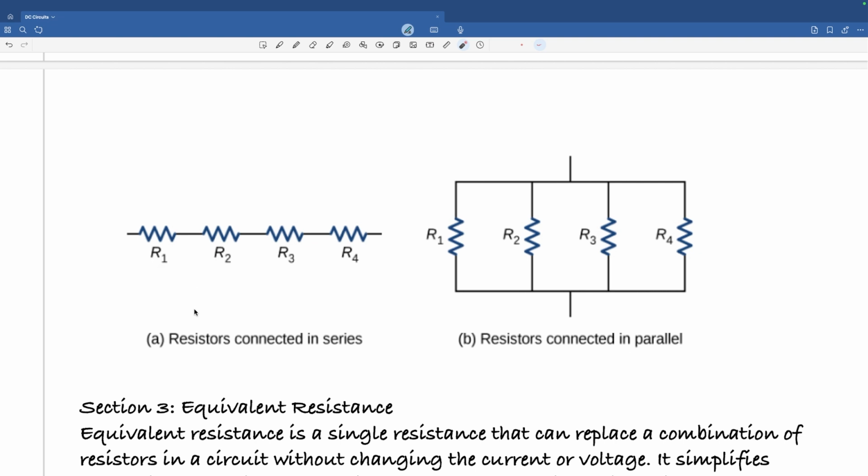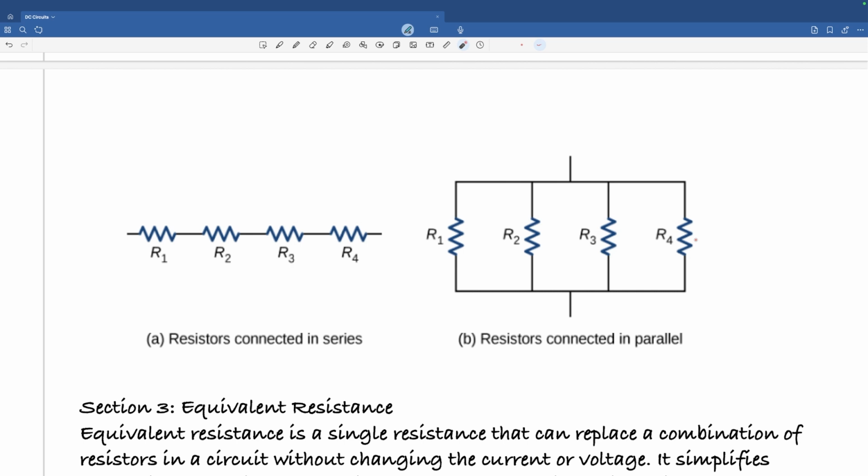Now, this total resistance is also called equivalent resistance, as you can see here. The total resistance increases. It's actually going to be the sum of the resistors. But when you connect them in parallel, the total resistance actually decreases.